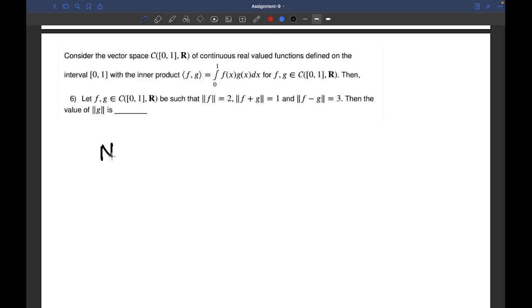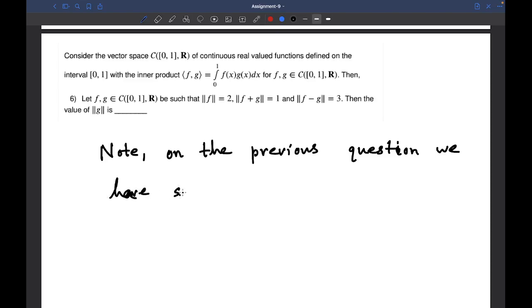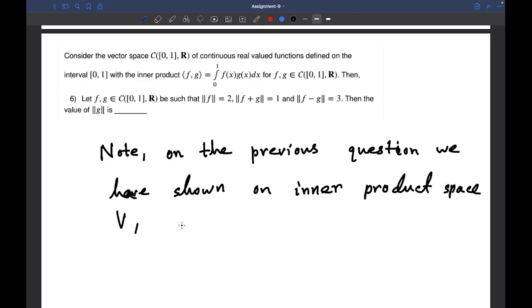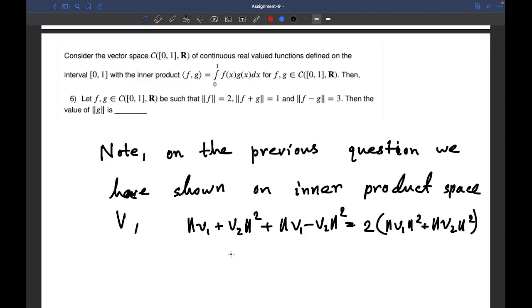So note that on inner product space, in the previous question we have shown that norm v1 plus v2 squared plus norm v1 minus v2 squared equals 2 times norm v1 squared plus norm v2 squared is always true, right?